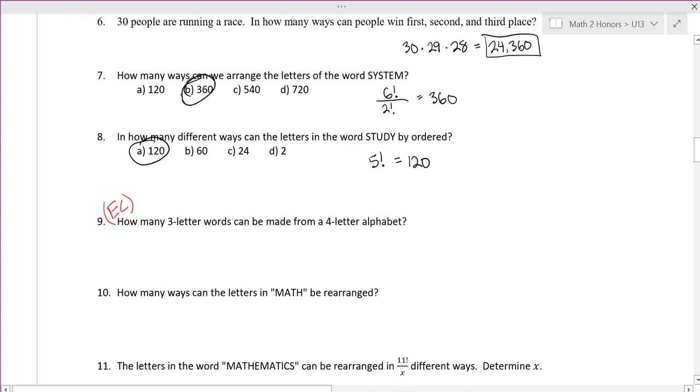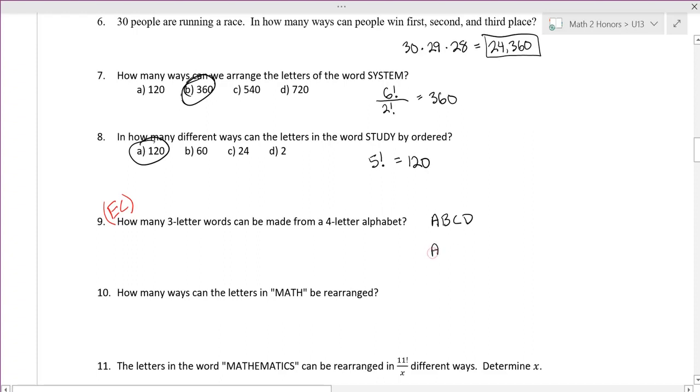Extra credit. How many 3-letter words can be made from a 4-letter alphabet? So let's say our 4 letters are A, B, C, and D. So you have words where all the letters could be the same.